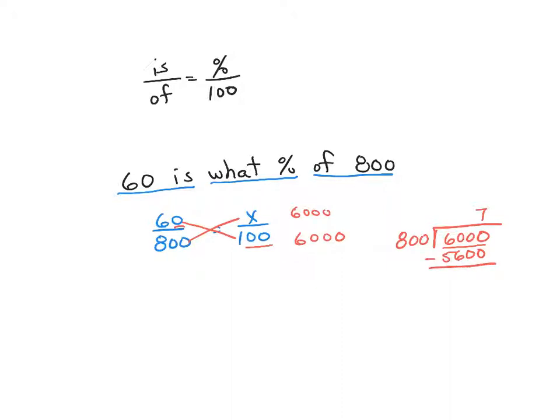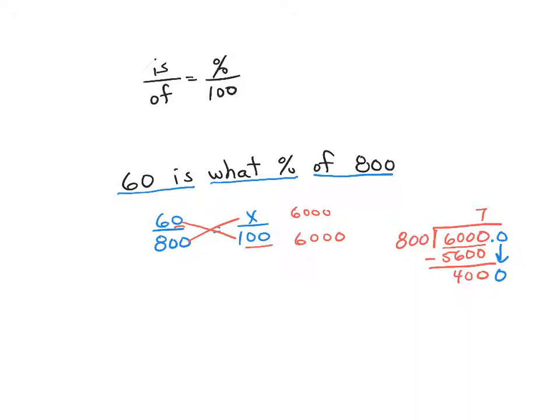Now I'm going to subtract. I'm going to get 400. But remember, you can't leave this just as a remainder. We want you to take this into decimal form. So I'm going to put a decimal point and add a 0 and bring that 0 down. How many times does 800 go into 4,000?